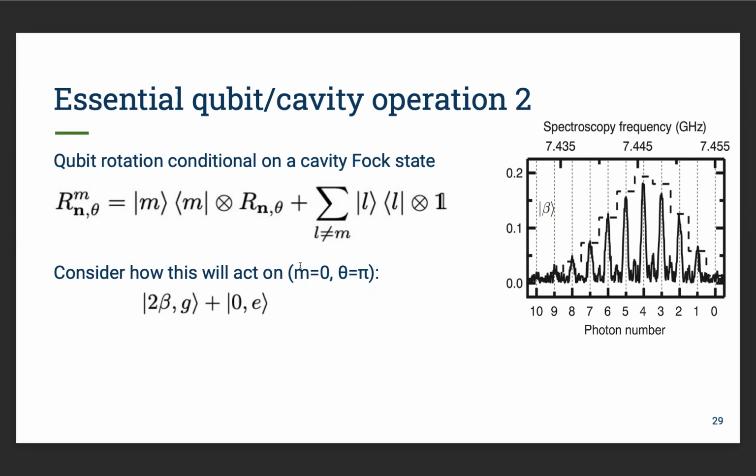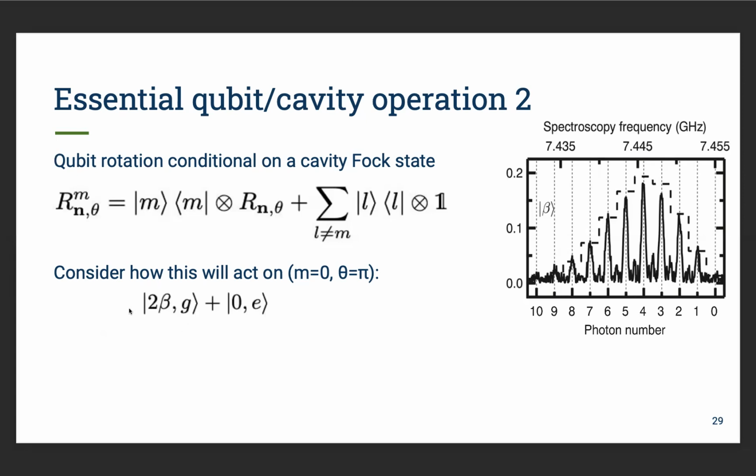So here, if we look at the specific case where we pick m equal to 0, and the rotation we want to do is pi radians around the x-axis or the y-axis of the Bloch sphere, then we can consider what would happen to this state. Because the cavity is in some coherent state that presumably has a large mean photon number, it has a very small component with the zero part of the Fock state.